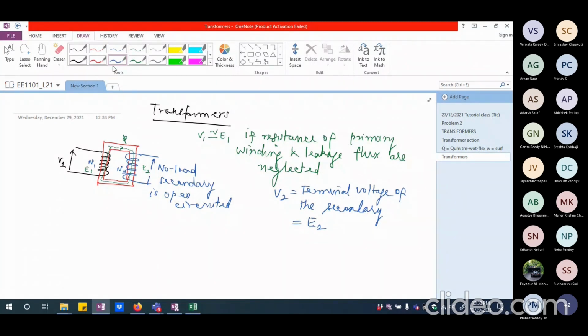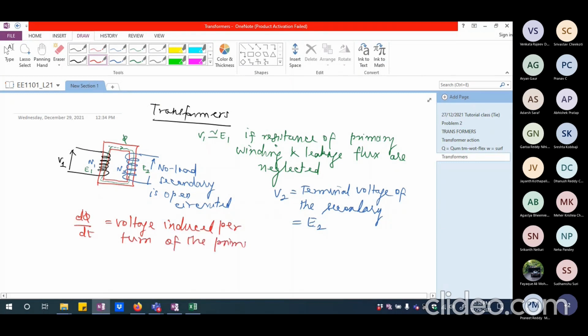And we also said that because the flux is common to both, d phi by dt is going to be the voltage induced per turn, of the primary or secondary winding, either way.